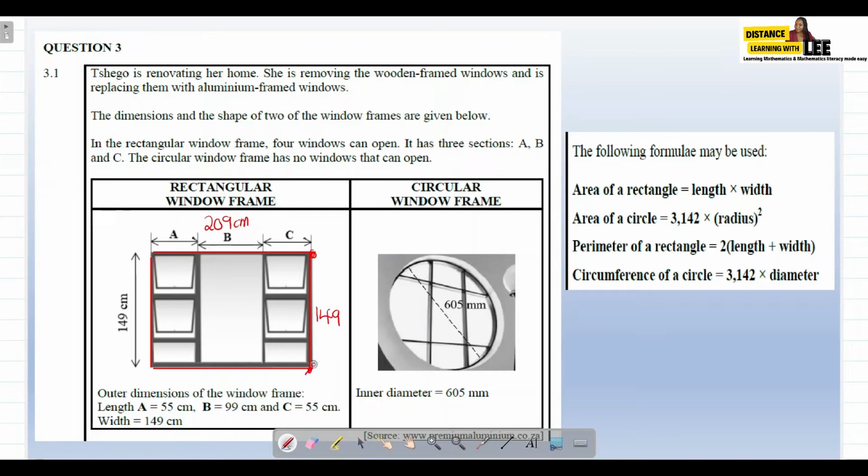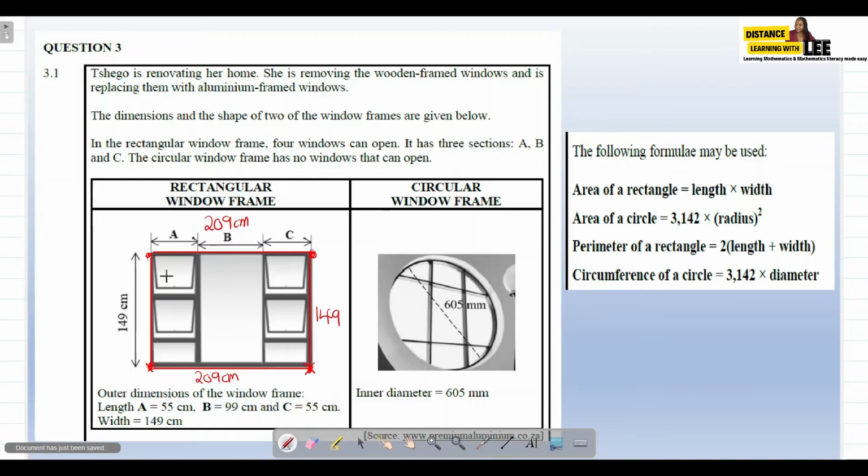Then we know that the length from that point to that point is still 209 centimeters because that is opposite that point. So those lengths are equal, and then plus the length from there to there is still 149 centimeters, right? Like I mentioned, when you're calculating perimeter, you're literally just adding all the lengths that you have on the outline of your shape, right?